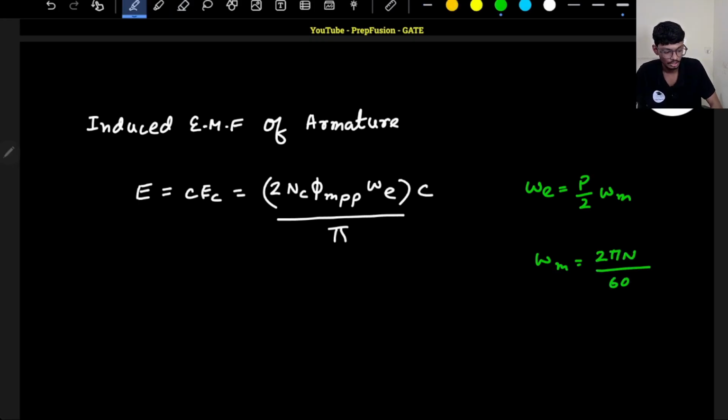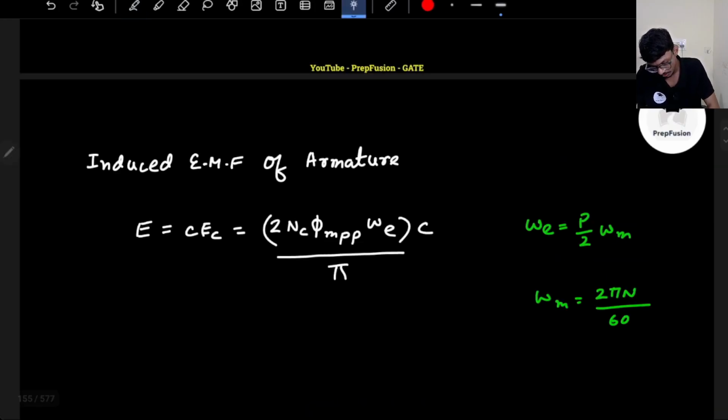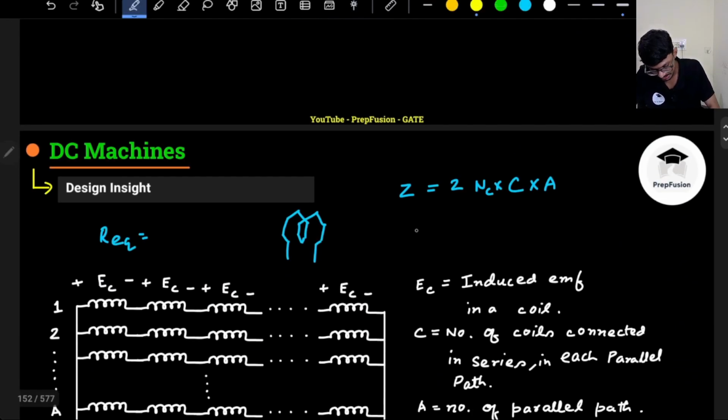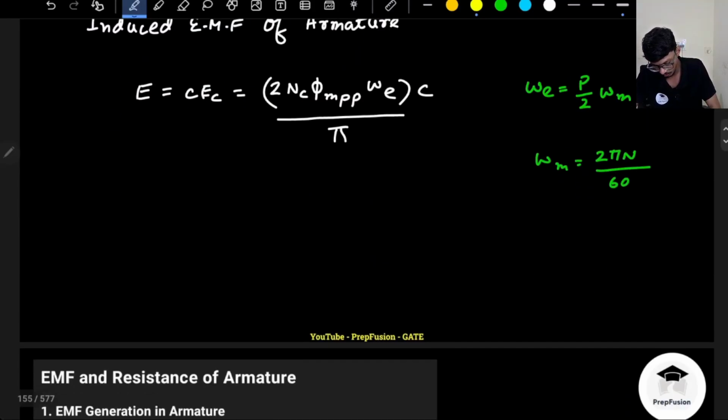I just wanted to get this formula into a standard form, so I have to do all these replacements. Now one more important thing: what is N_C into C? From here, N_C into C, or C N_C, equals Z upon 2A. So I will replace Z upon 2A here.